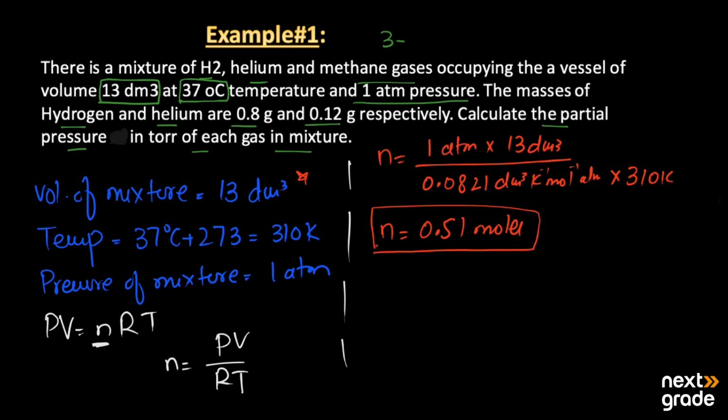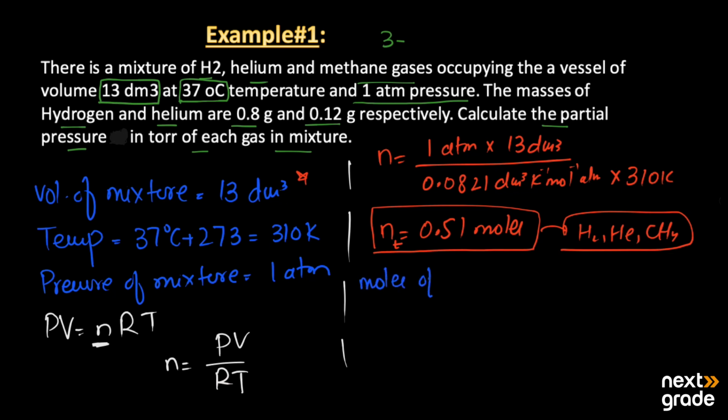So this is the total number of moles of the gases, and we have three gases: hydrogen, helium and methane. The total number of moles is denoted by nT. Then we will calculate the moles of the individual gases.